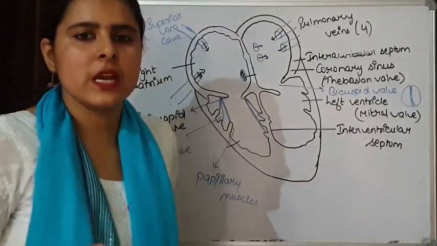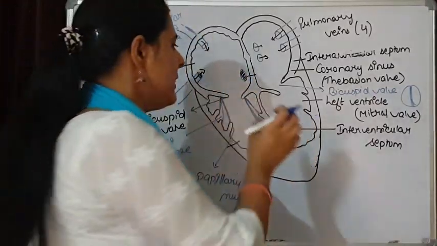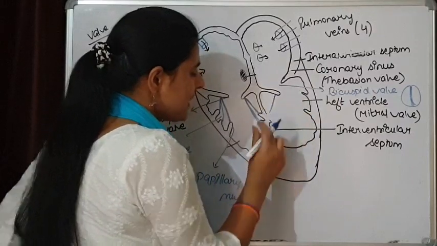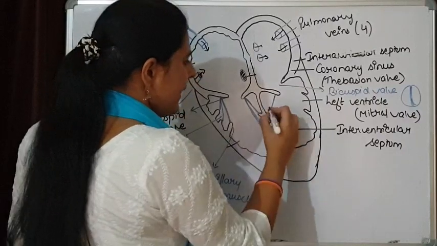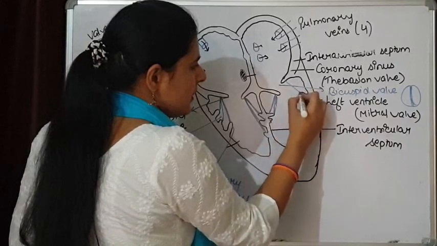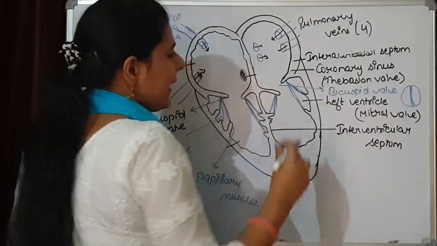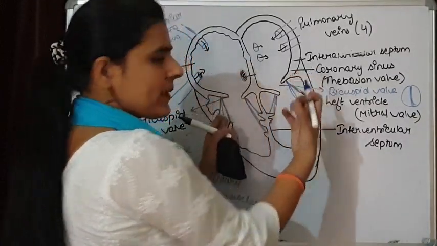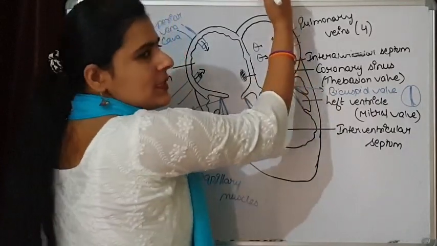The function of these fiber-like structures is that they hold the tricuspid valve. Exactly the same way over here also, some big size ridges are there, and these fibers are associated in this way, and they are holding the bicuspid and tricuspid valves from downward, and preventing their opening in the opposite direction.